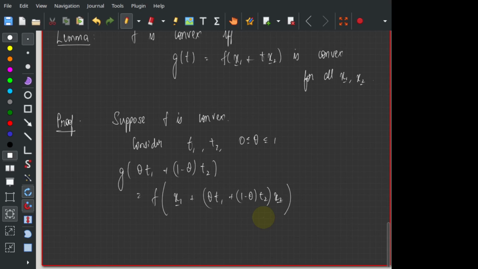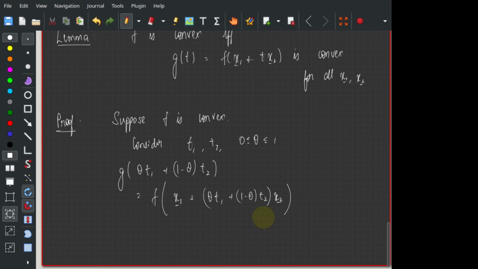Okay, so we want to somehow get something like g of t1 and g of t2, so theta times g of t1 plus 1 minus theta times g of t2, right?